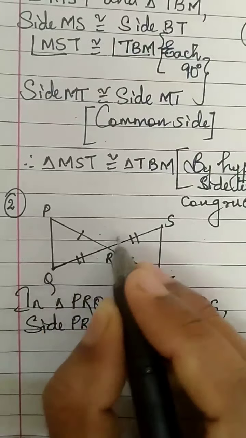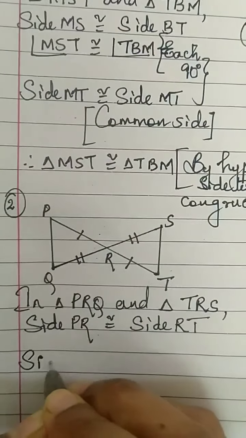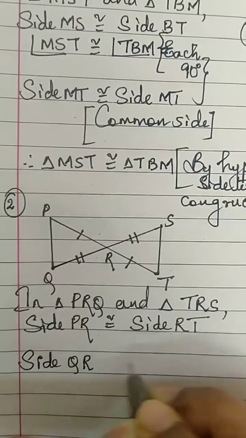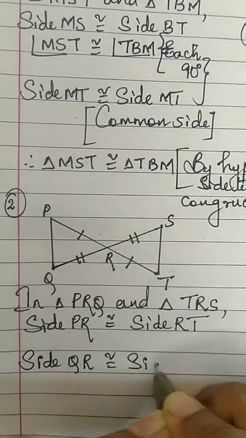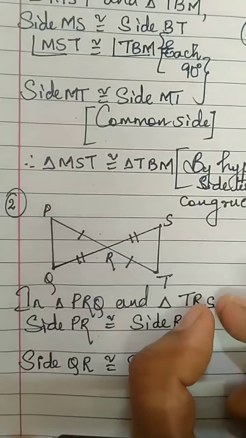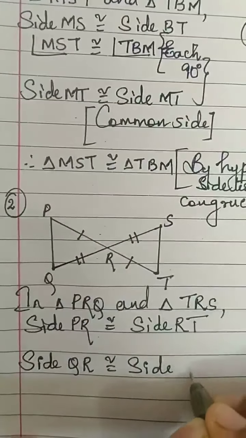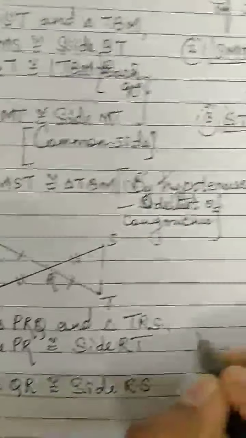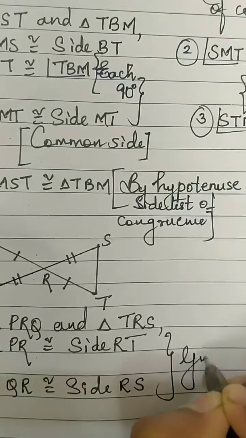Second, what is shown? Side QR congruent to side QR, right? That is RQ. So here it will be RS, correct? Side RS. These two things are given in the figure.